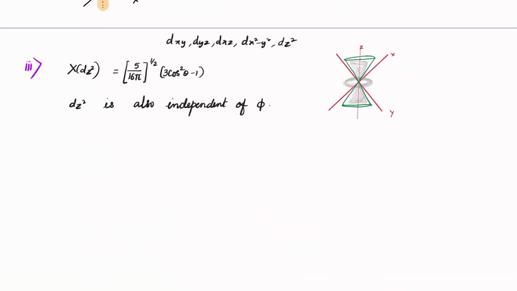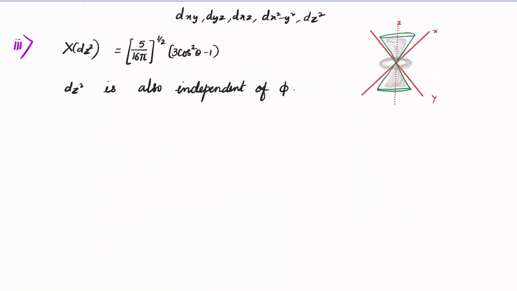Good. See the next one. If it comes to d orbital, it has five different names labeled to it: xy, yz, xz, x square minus y square, and z square. Of course, it's not expected for us to learn all of this, but we know how it is for dz square. For dz square, this is how the function looks.